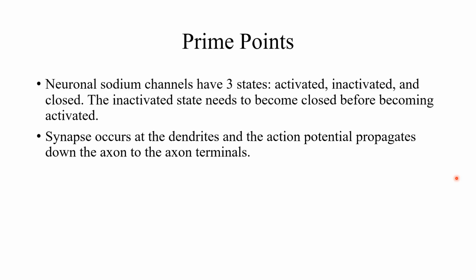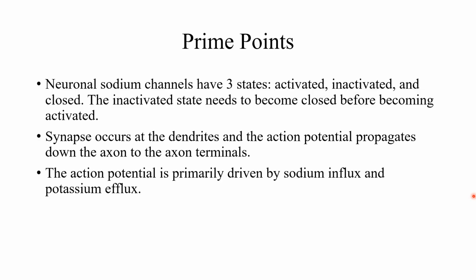The synapse occurs at the dendrites, and then the action potential propagates down the axon to the axon terminals. And then finally, the action potential is primarily driven by sodium influx and potassium efflux. So that's a big testing point, right? Know that the depolarization is due to sodium influx and the repolarization is due to potassium efflux. That's definitely something that can be tested on.